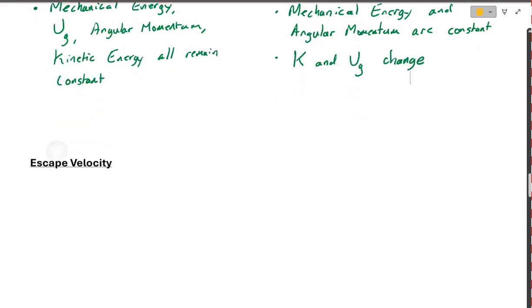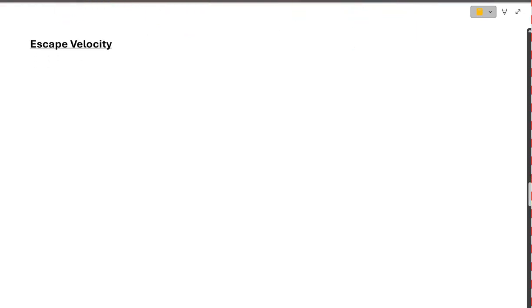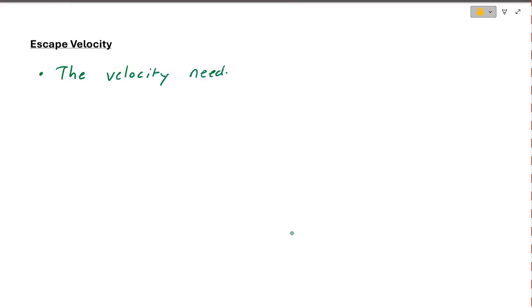Which brings us to the more fun part, which is escape velocity. The definition of it is kind of weird. This is the velocity needed to make total mechanical energy 0.